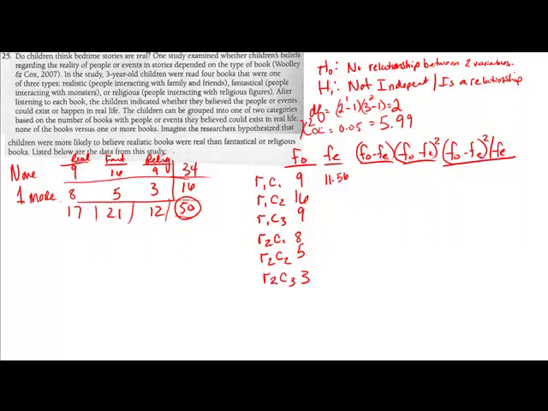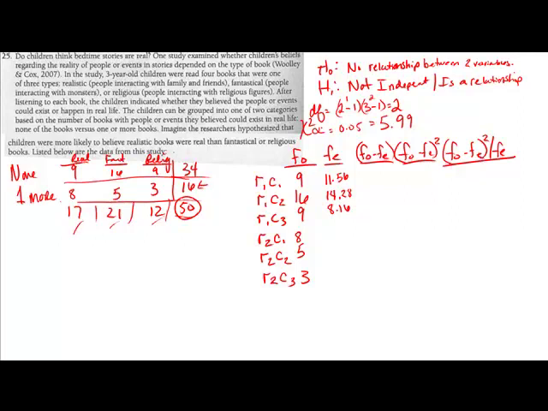Row 1, 34 times column 2, 21, divided by 50, 14.28. Row 1 times column 3 total, divided by 50, 8.16. Row 2, so now I'm down here at the 16, and then I'm going to go this one, and this one.